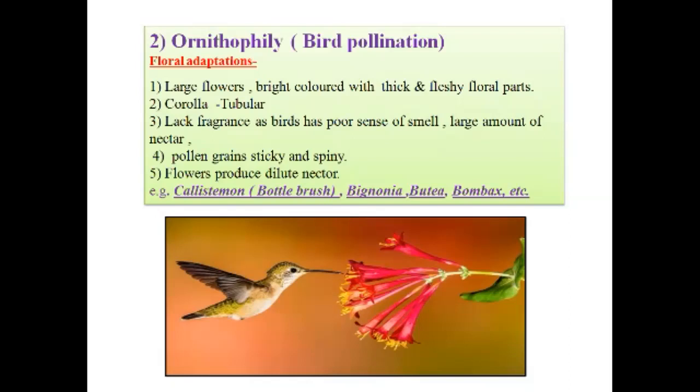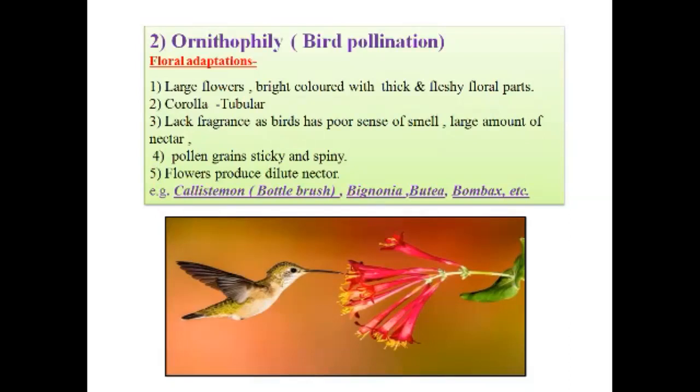When birds, for example hummingbirds, visit the flower, they suck the copious nectar or the edible pollen grains. During that time, the pollen grains are attached to their beak, and the same bird visits another flower, and that flower gets pollinated. The flower produces dilute nectar.